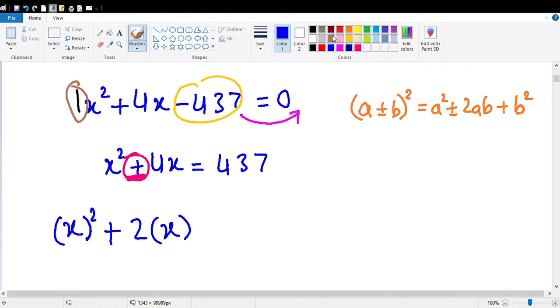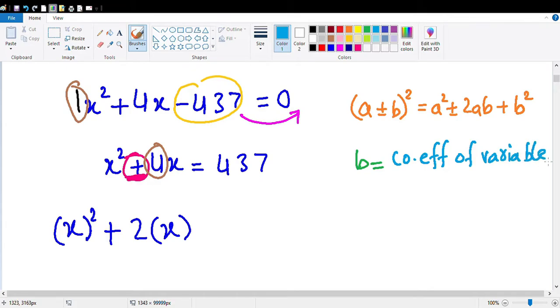So to get the b term, what you do is you divide the coefficient of the variable, which in this case is 4, by 2. Whatever the coefficient is. Let me just write coefficient of variable, to find the value of b for the formula.